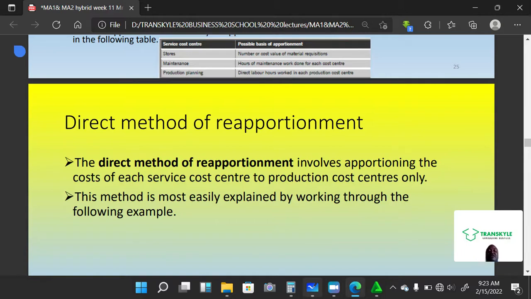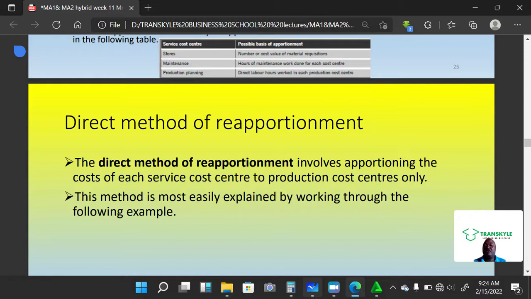Direct method of reapportionment involves apportioning the cost of each service cost center to production cost centers only.